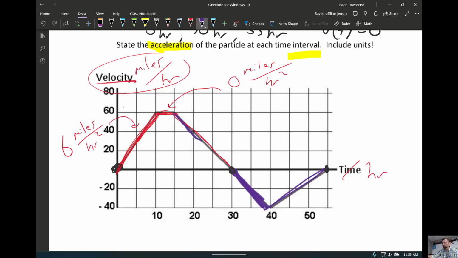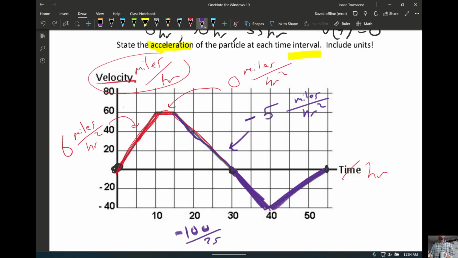Okay, for this whole time, he's got a consistent slope. So that means he's got a consistent derivative. And so we could count rise, it's going down 100 to go right 25. So during that time, the acceleration is negative 5 miles per hour squared.